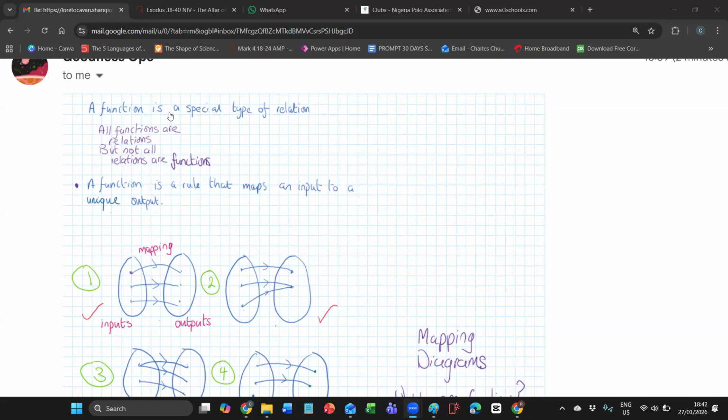A function is a special type of relation. A relation is nothing more than an equation, usually a mathematical expression, that shows a relationship between at least two variables, usually two. When I say relationship, I mean addition, subtraction, multiplication, division, order.